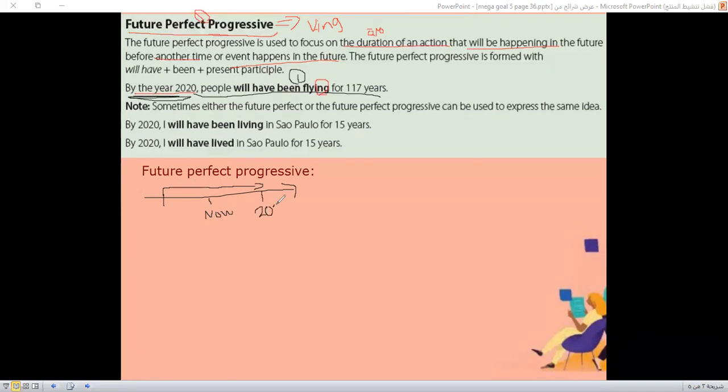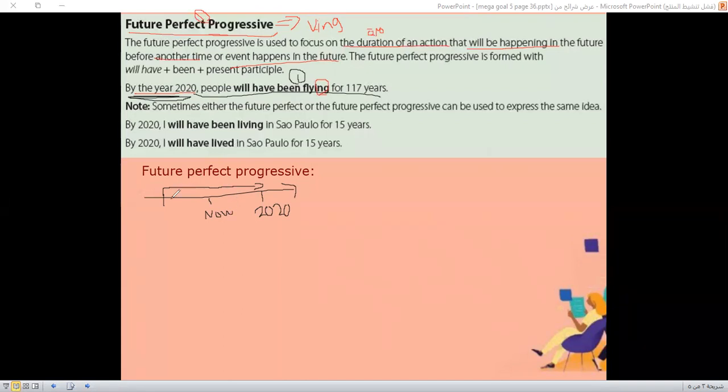You see, an action again. By the year 2020, people will have been flying for 117 years. It's as if he is saying that when the year 2020 comes, people will have been flying for 117 years. The action started in the past. Of course, the people did not start flying now or recently.